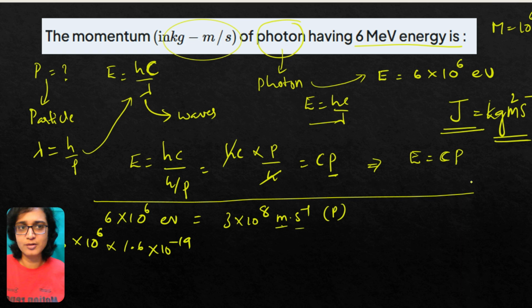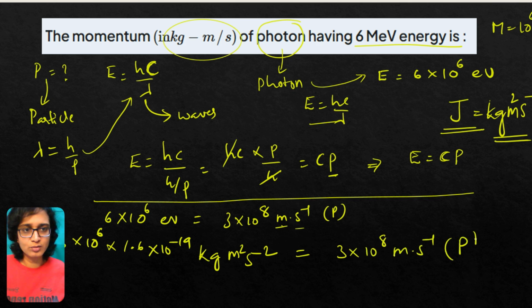The same thing I am writing: kg meter square second power minus 2 will be equal to 3 into 10 power 8 meter per second into momentum. So meter gets cancelled, second power minus 1 gets cancelled. You will get the answer in kg meter second power minus 1. That is the thing they are asking in the question.